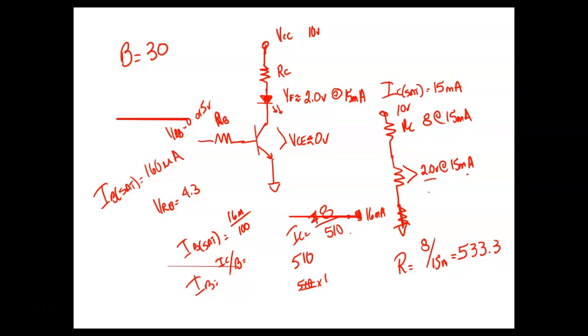So we're going with 30. We're doing away with this, and we're dividing this by 30, guys. I forgot to do that. So what would that give me now? 16 milli divided by 30.